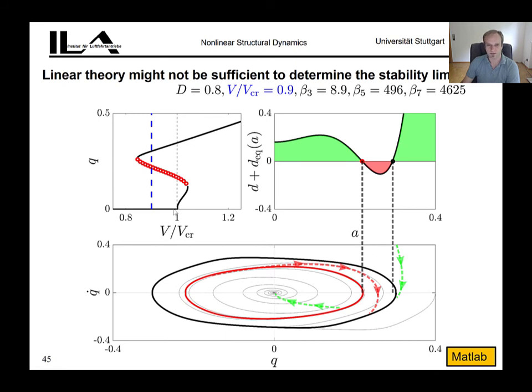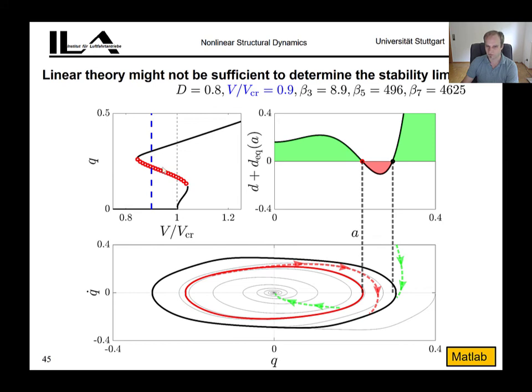But interestingly, this might be dangerous, because even if we are in the subcritical range, we might have some perturbation that leads to amplitudes larger than this threshold, and then we will reach this limit cycle amplitude here. And perhaps this is severe, perhaps it is not severe. That needs to be assessed, but this can only be done with nonlinear theory.